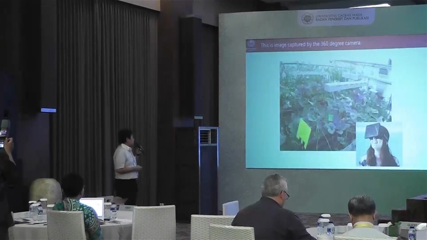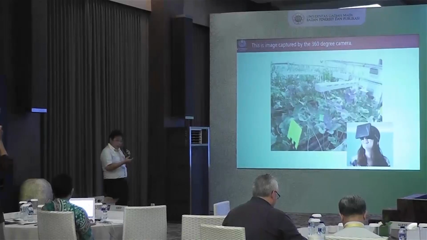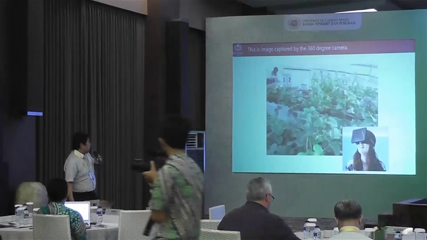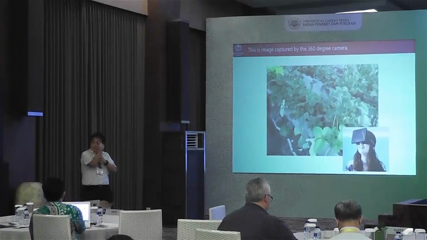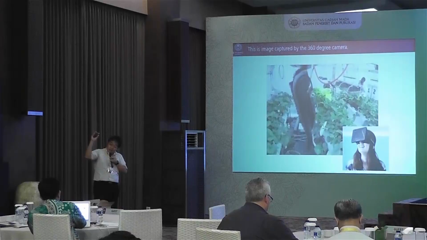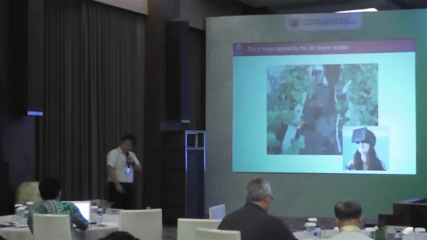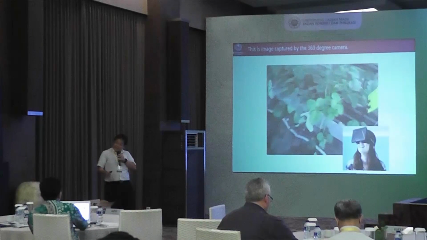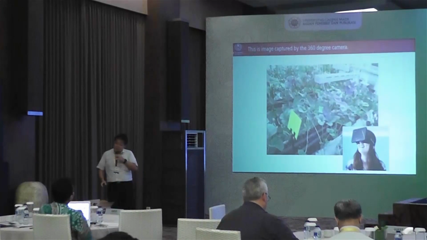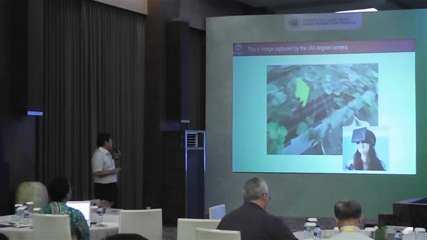This is one demonstration. This is an image captured by this camera. You can see the 360 degree images. If you stay in the US, you can check the plant from the US. This is one example of virtual reality.